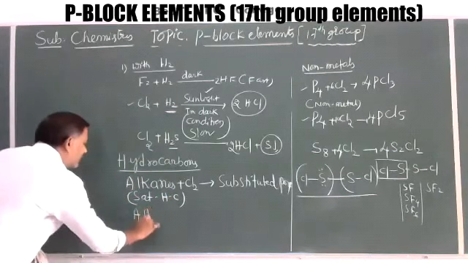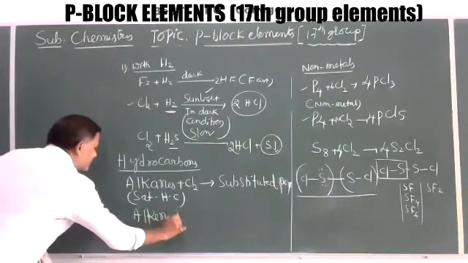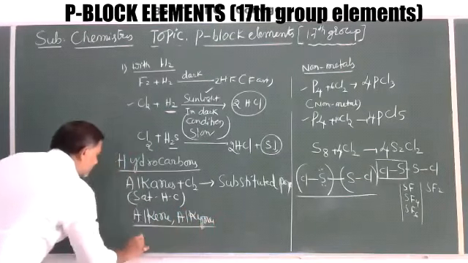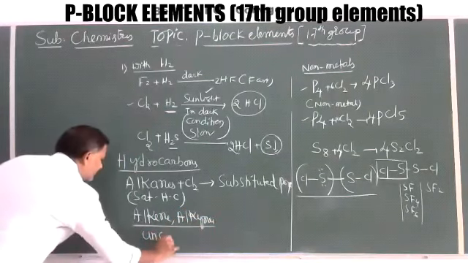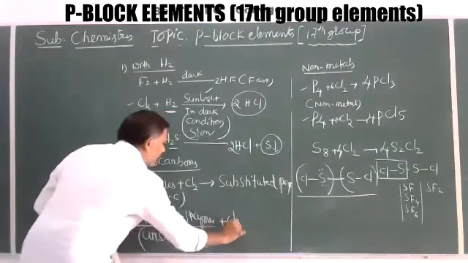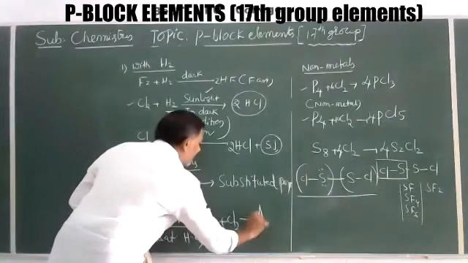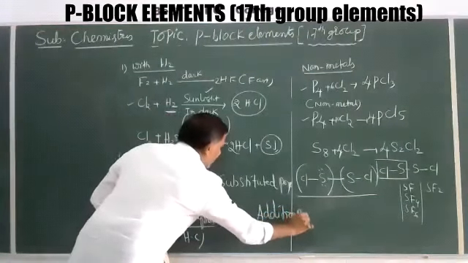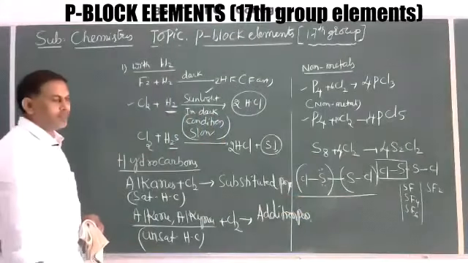Whenever alkenes or alkynes, which are the unsaturated hydrocarbons, react with chlorine, they give addition reactions, addition products.